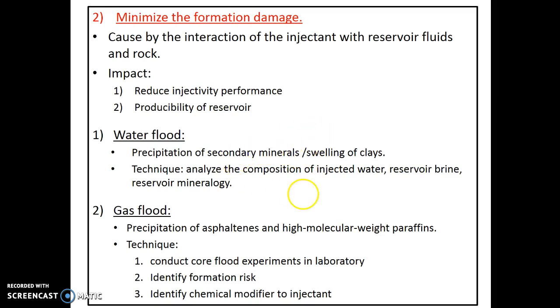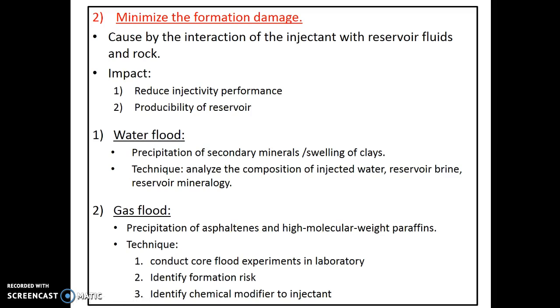reservoir brine and reservoir mineralogy. Meanwhile, in the case of gas flood, formation damage occurs due to dissolution of injected gas into the reservoir oil, which may reduce the solubility of solid bitumen in the oil, thus resulting in the precipitation of asphaltene and high molecular weight paraffin.